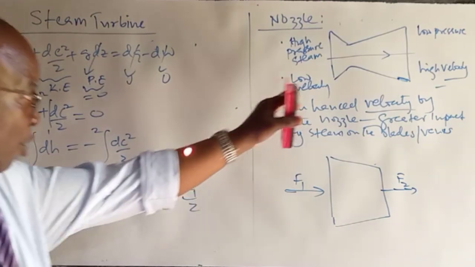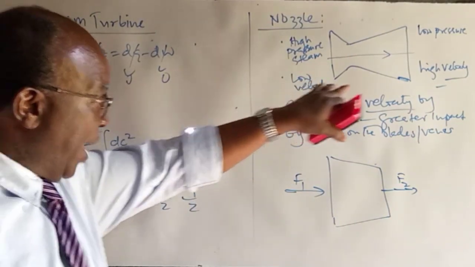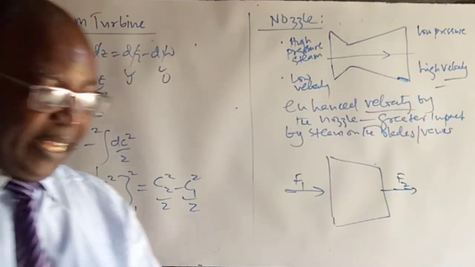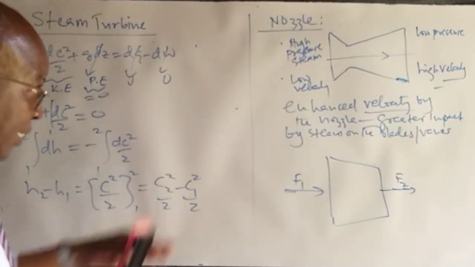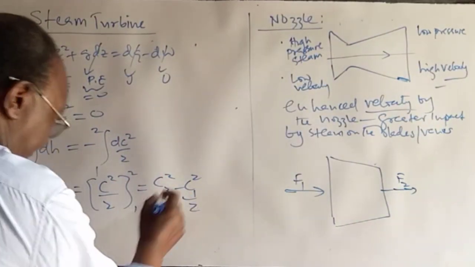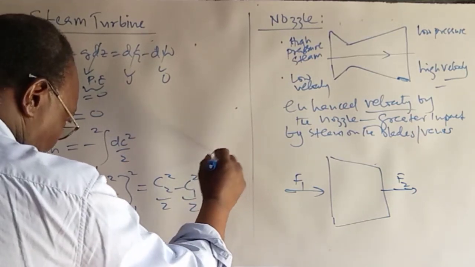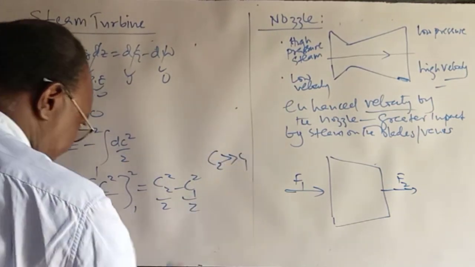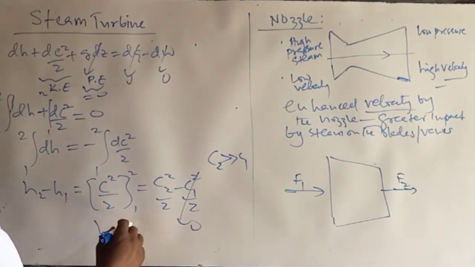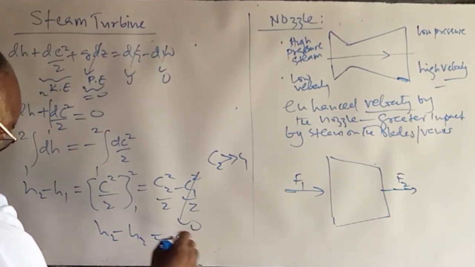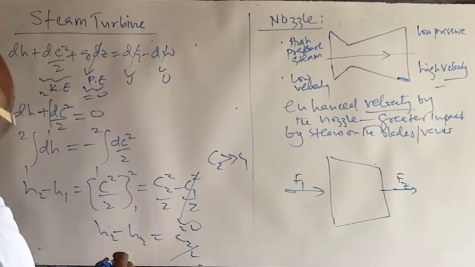Now what does that mean? You know that we started with low velocity, now it's high velocity, and it is significantly enhanced, so you can assume that C2 is much greater than C1, so that this diminishes, and we have H2 minus H1 is equal to C2 squared over 2.